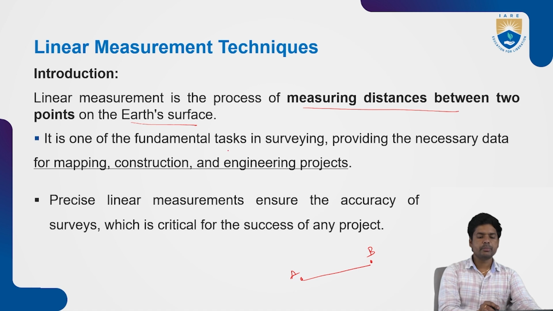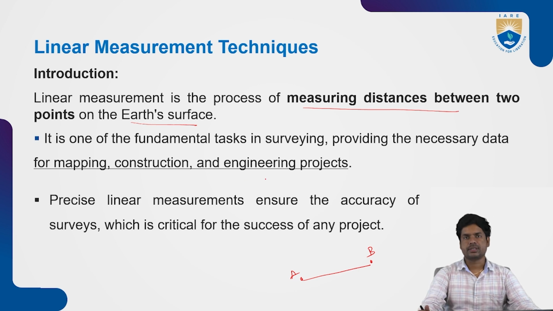Next, it is one of the fundamental tasks in surveying, providing the necessary data for mapping, construction, and engineering projects. So linear measurement is one of the basic things we use in surveying while measuring distances from different points to different points. Because of these linear measurement techniques, we provide the data required for mapping of areas and construction of buildings as well as engineering projects.